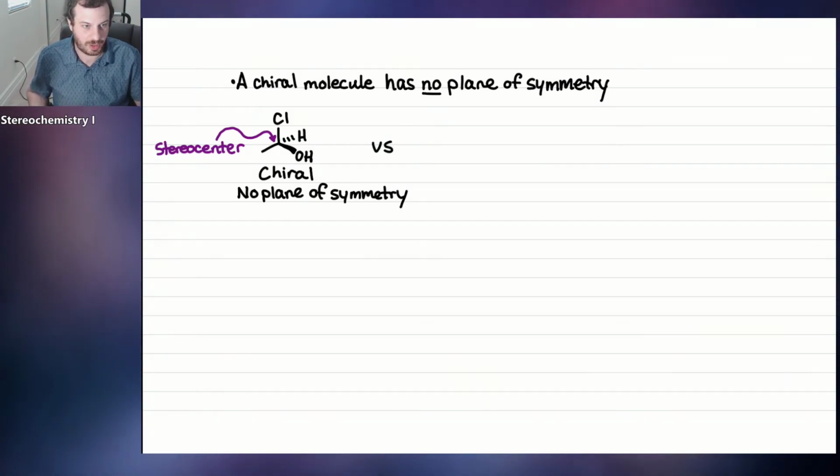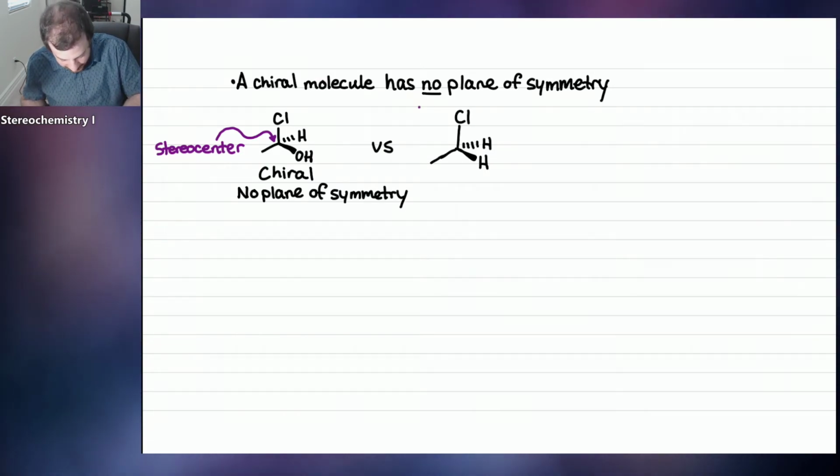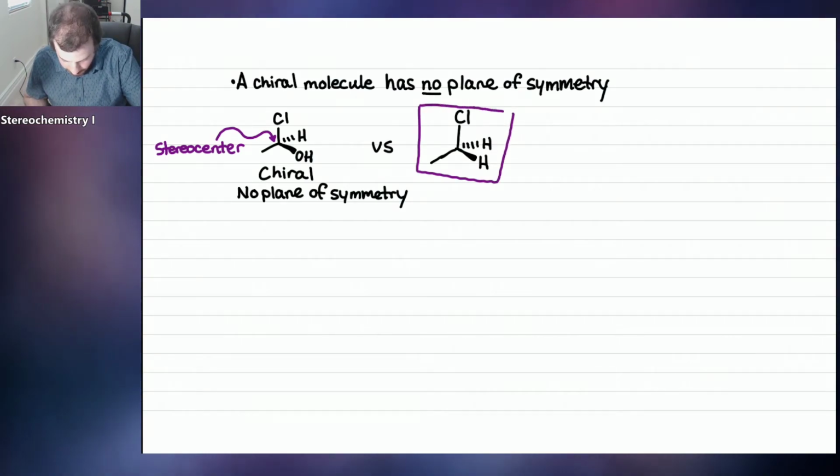Versus, let's take a look at another molecule here. Instead of having an OH there, let's just put an H there. Same molecule, just replacing the OH with an H. And now look, there is a plane of symmetry. I could draw a plane cutting this molecule right down the middle, right in between the hydrogens. Can you see that? If I slice this right down the middle, between the two hydrogens, there'd be an internal mirror plane, an internal form of symmetry.